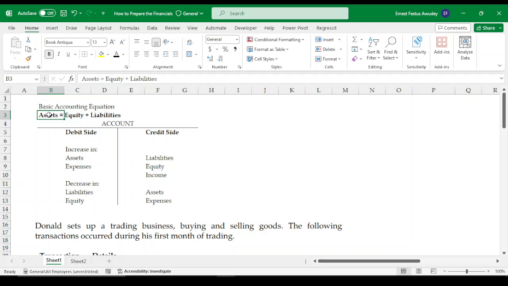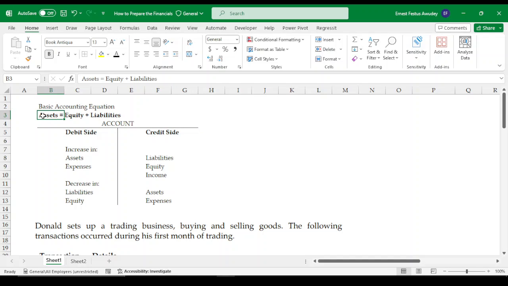Now, each of these elements is what makes up the entire business. The elements we are seeing in this equation all have their meanings, and they have their classifications. So first of all, let's look at assets.